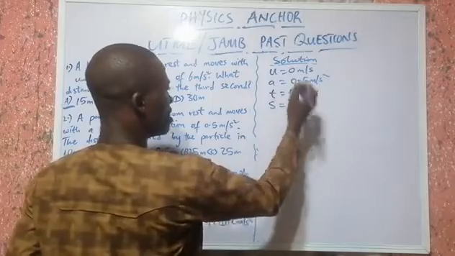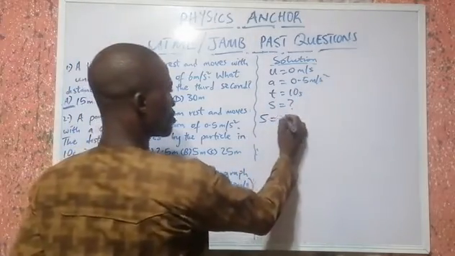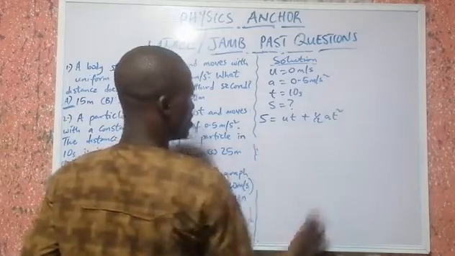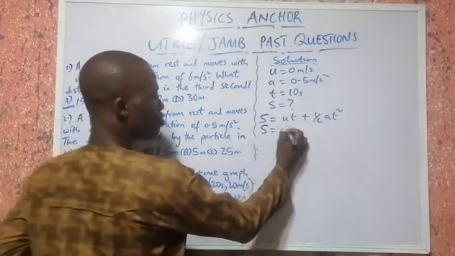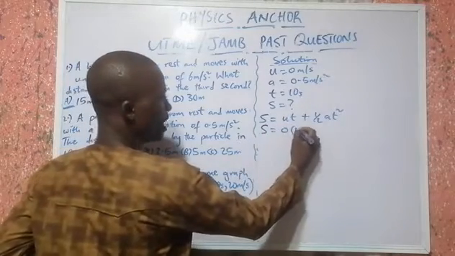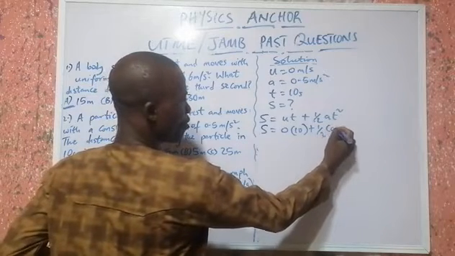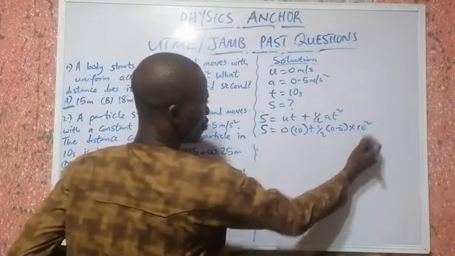They are asking us the distance. Okay, the same formula that we just used, s equals ut plus half at squared. This is a very straightforward question. So s equals 0 times 10 plus half, our a is 0.5, times t, which is 10 squared.